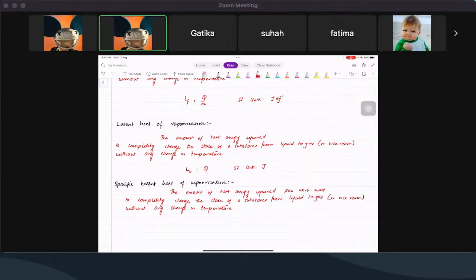So in this one, it will be small l v equals Q upon m. So they have basically the same formulas. That's joules per kg, like that. Okay, please write this down.